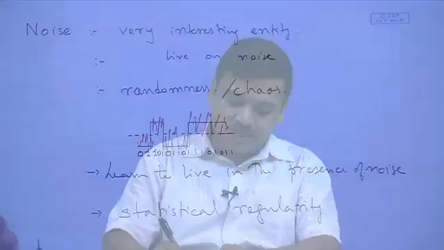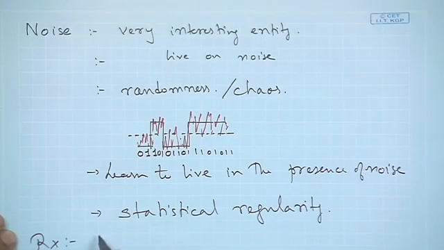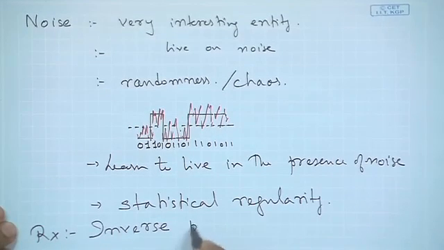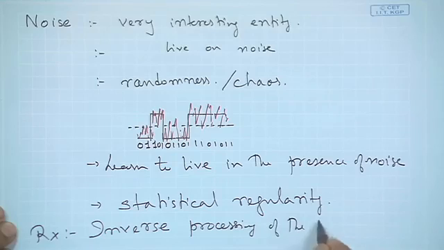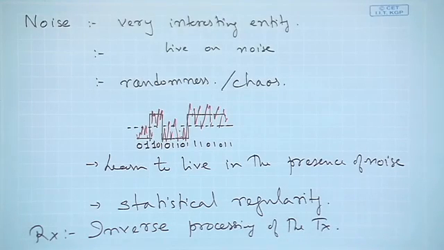The receiver, of course, we can write in brief over here. The receiver is the inverse processing of the transmitter. Right. That's the next part. And in our communication systems, we will actually do a lot of receiver design, a lot of components of the receiver.